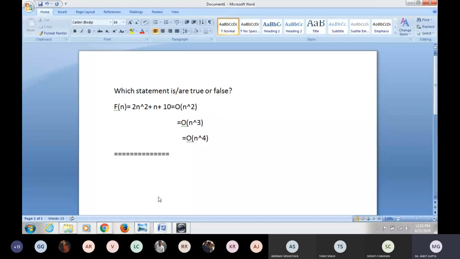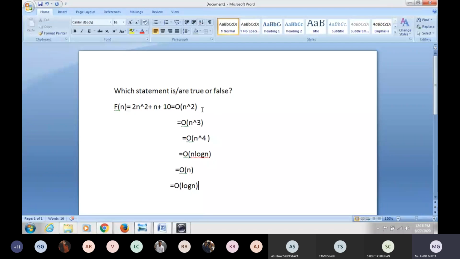You have to tell which statement is true or false. Then order of n log n, order of n, and order of log n.